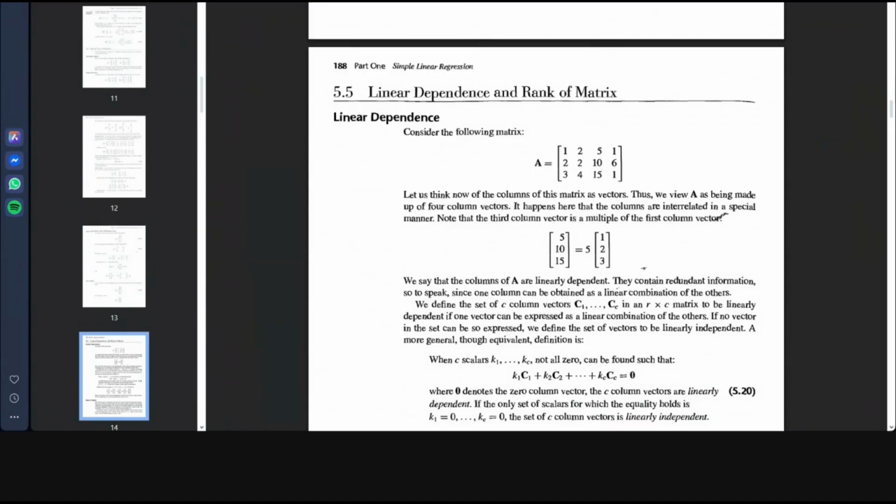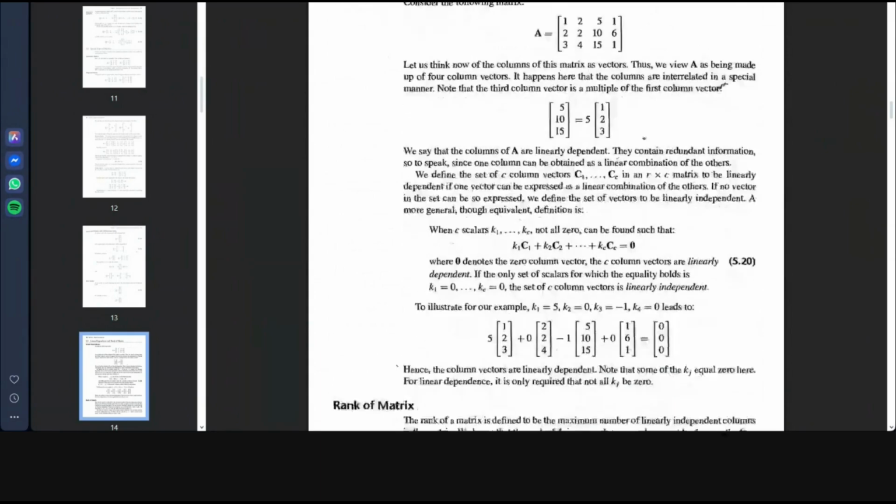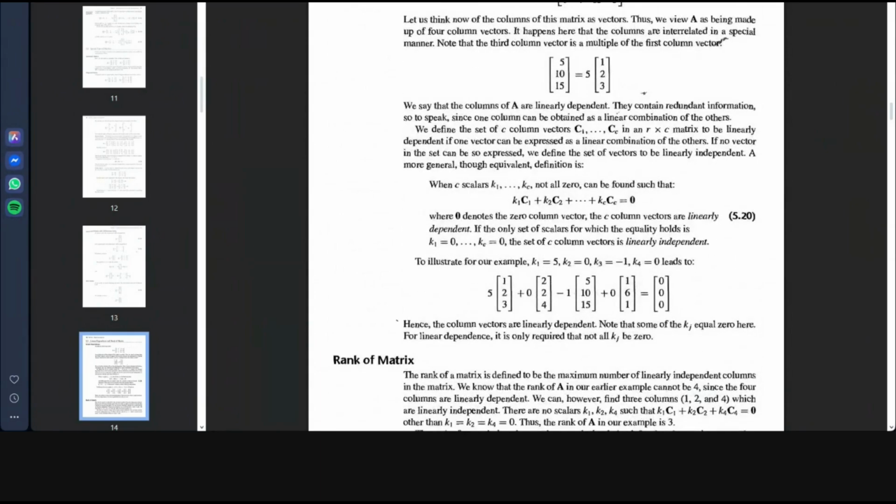Now, this just means that 5, 10, 15 is linearly dependent on 1, 2, 3, and vice versa, which means there can be no more than 3 linearly independent vectors in this matrix. The definition of linear independence is something I believe you should know if you have taken any linear algebra course in this school, but I will revise it now. This book uses the linear dependence definition, but I think it's easier to understand it from linear independence.